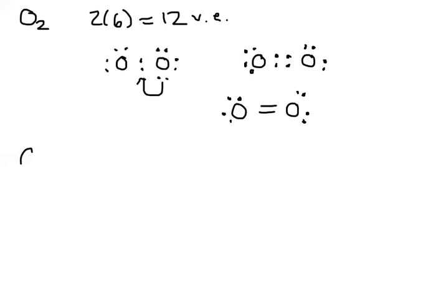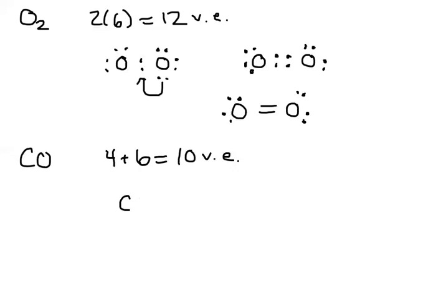How about carbon monoxide? How many valence electrons do we have? 10. Carbon has how many valence electrons? Oxygen has 6, so that's 10 valence electrons.